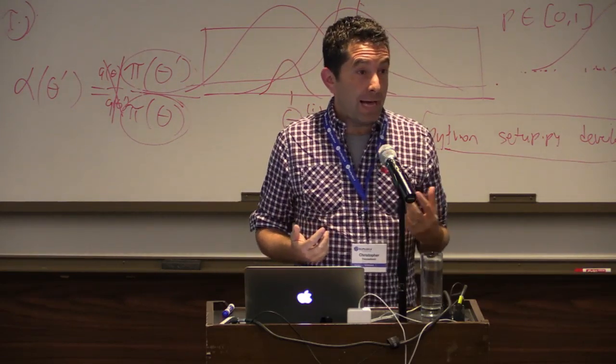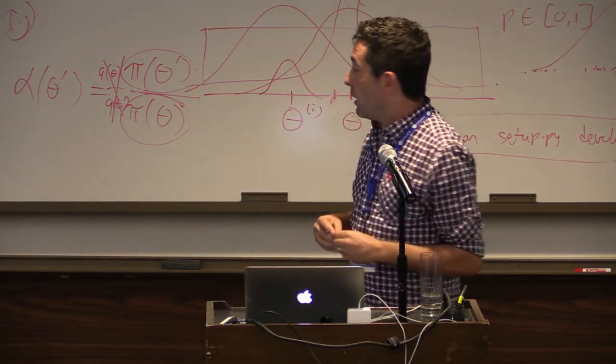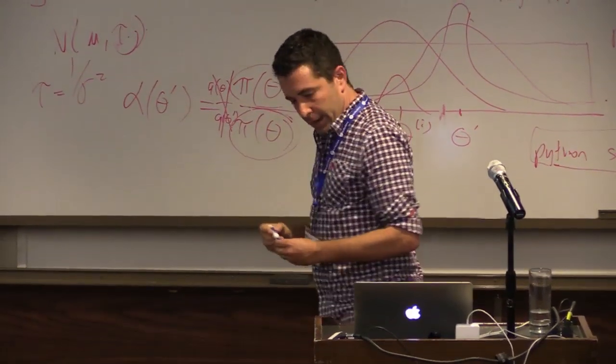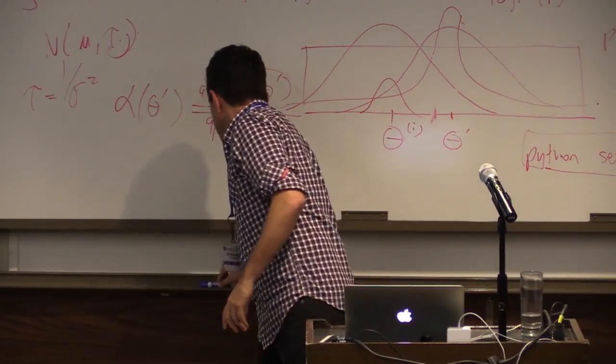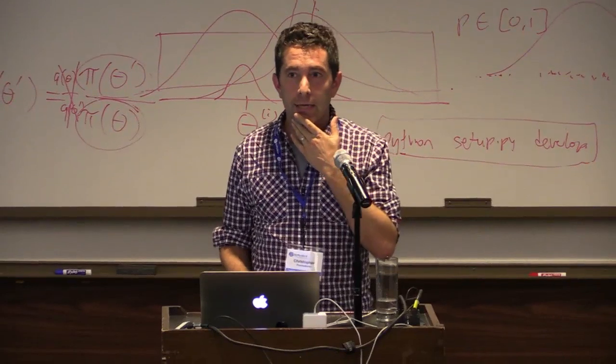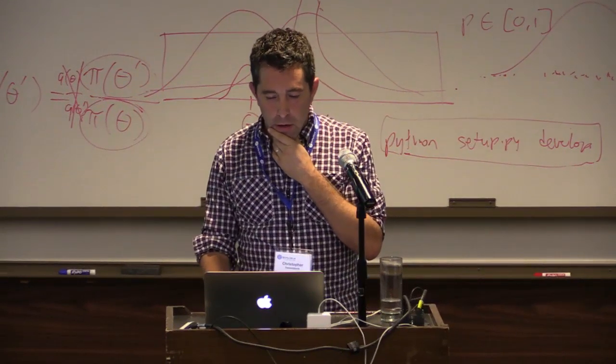But that makes them very fast. One of the things that slows down Metropolis-Hastings is that you have to evaluate likelihoods at every iteration. And that gets expensive. And so they're written in Fortran so they can be as fast as they possibly can.